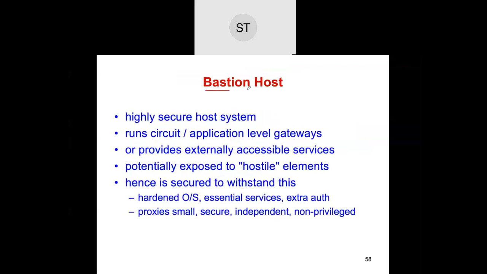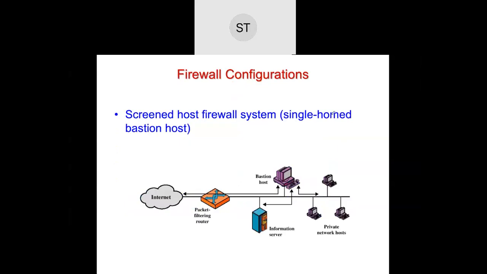So Bastion host is a secure host system, okay, and provides externally accessible services, so that it is a simple machine where I can implement the authentication, authorization things, and rules are also defined. Okay, so we'll see the configuration, then you can understand the things.